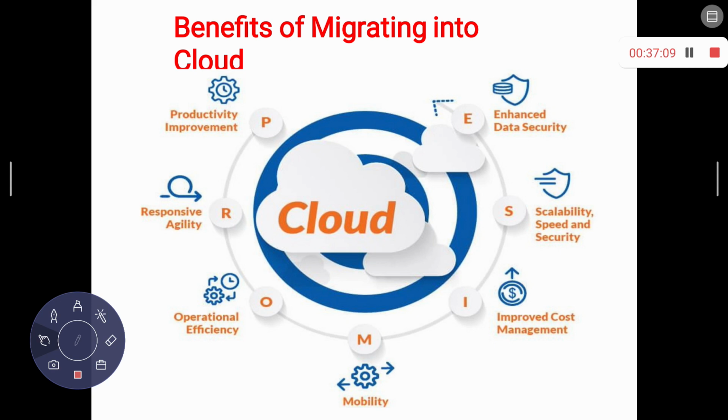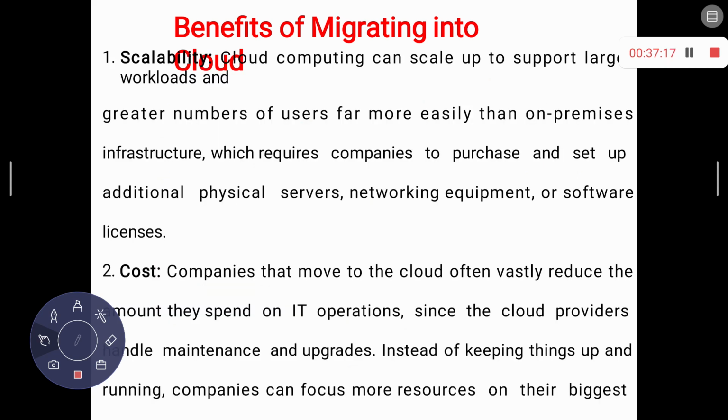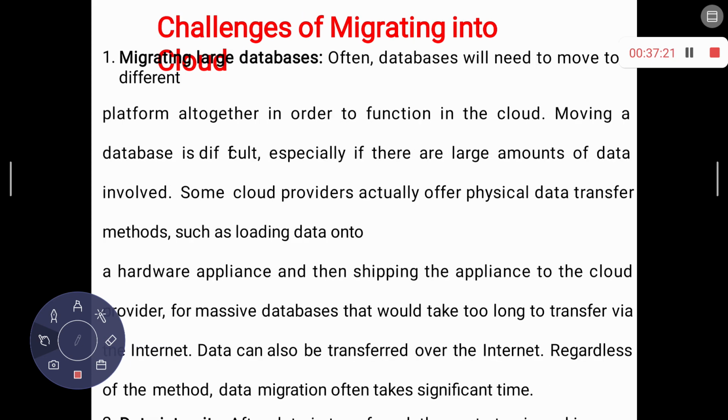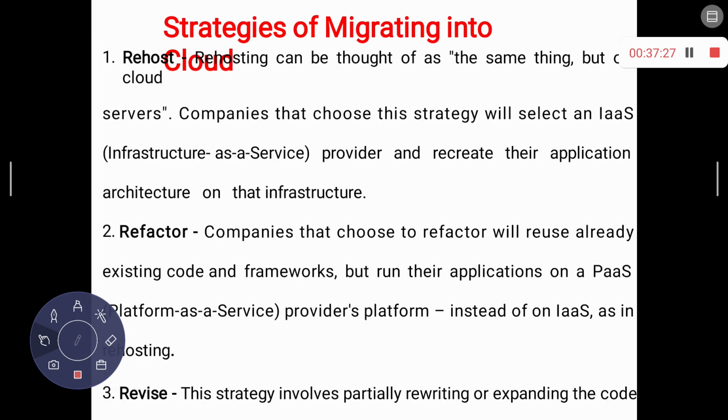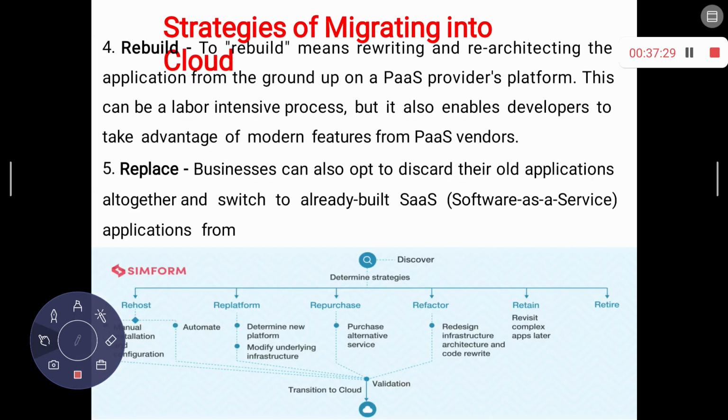These are the 7 models. ते बघूया. Benefits, challenges. Okay, we will discuss some more points again here. Stages. Okay, these are the stages.